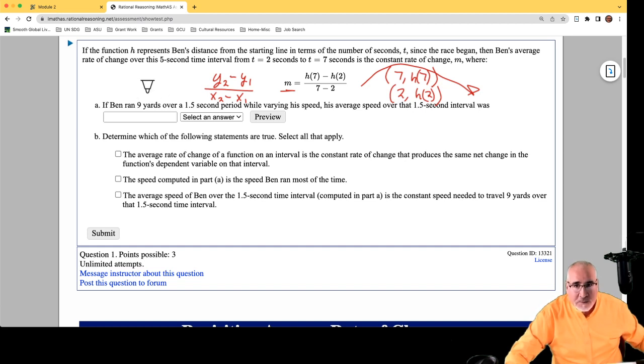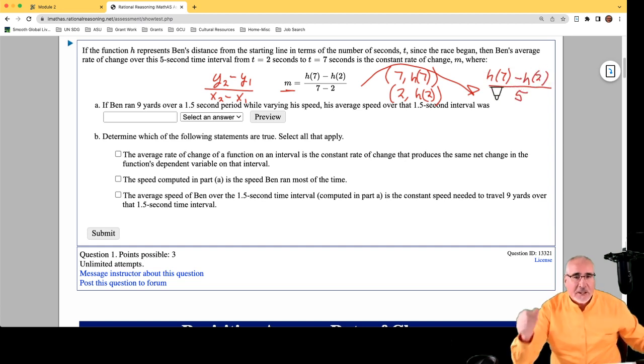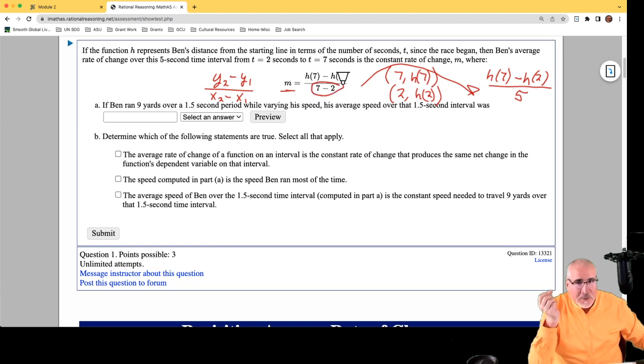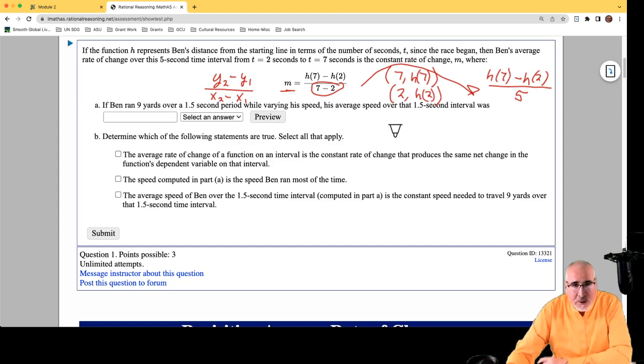They do give us how many yards they went during that time period. But again, we can write this as h of 7 minus h of 2 all over 5. Now this doesn't look like a slope anymore because we have combined the denominator. We haven't done the numerator yet because we don't have the formula to plug into the function and get the y values, but we'll look at some examples where we do.